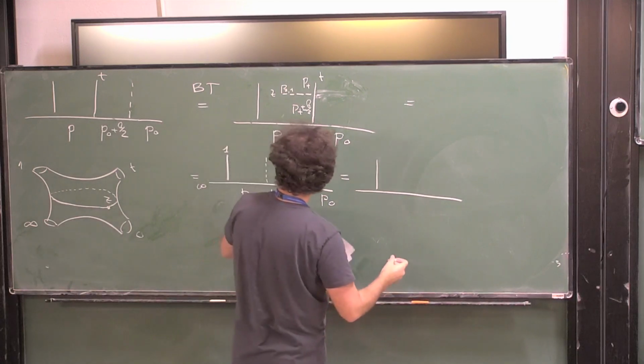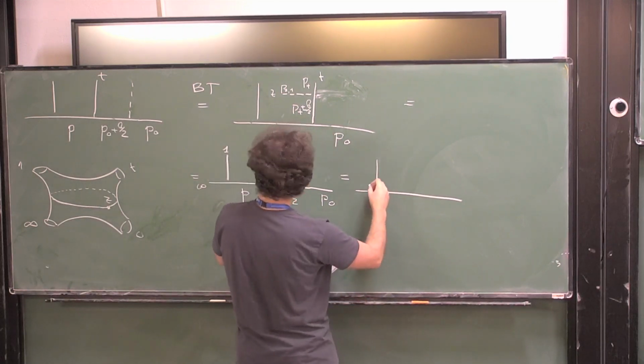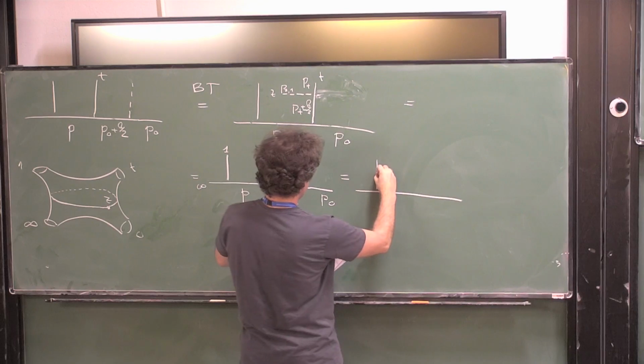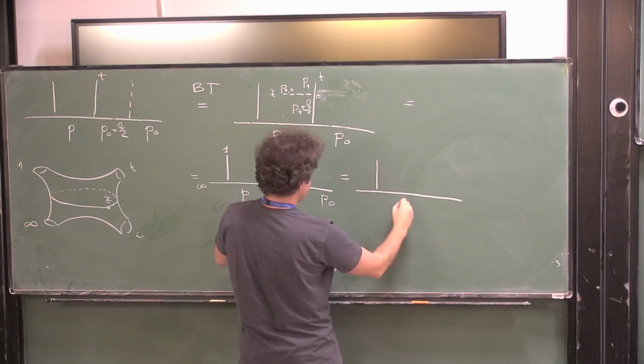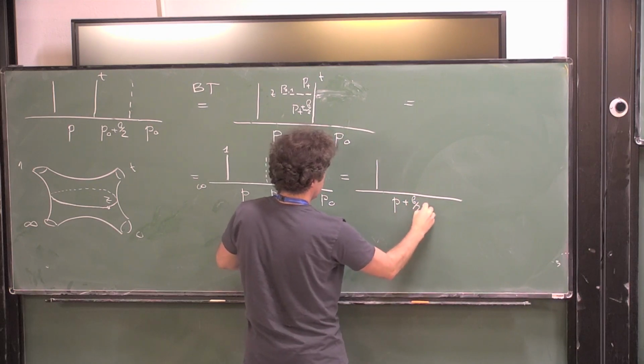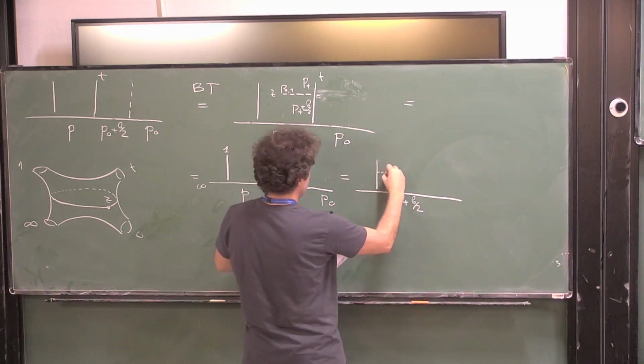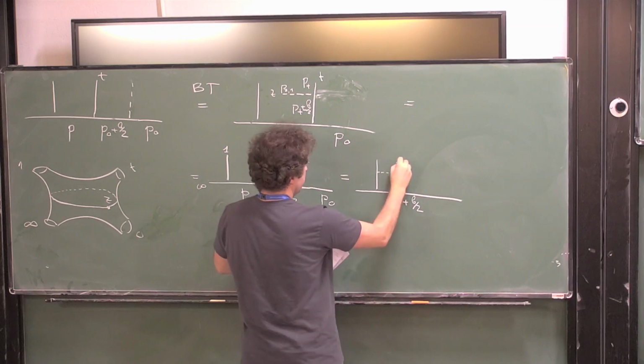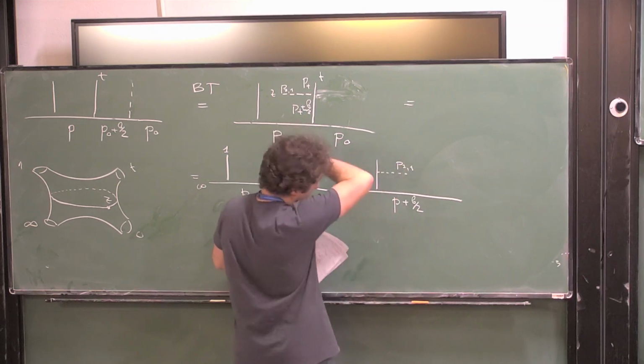So what will happen is that we will eventually have over here P plus b over 2. Here we will have again P1.